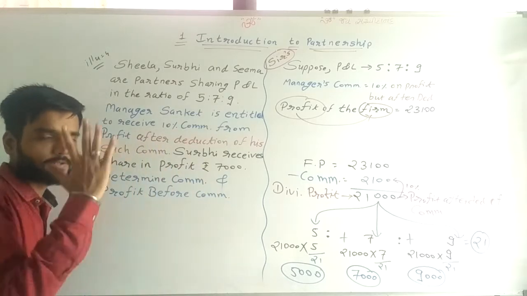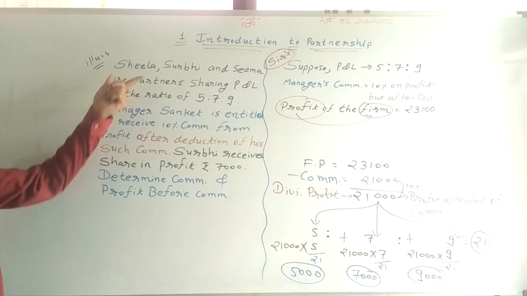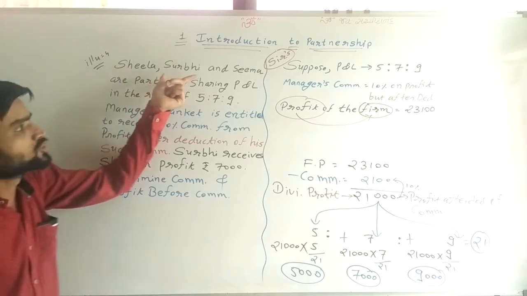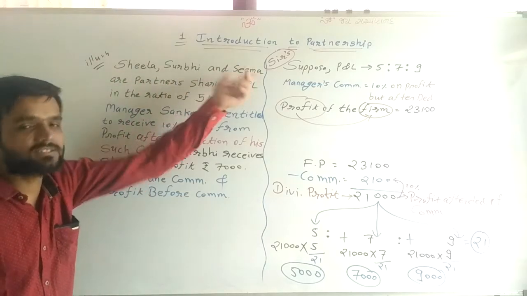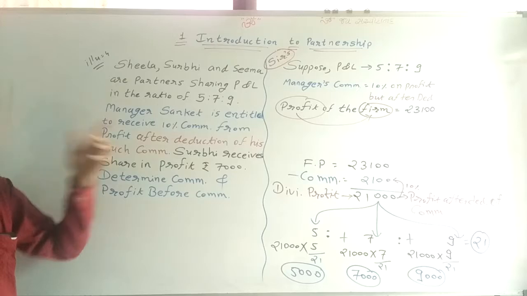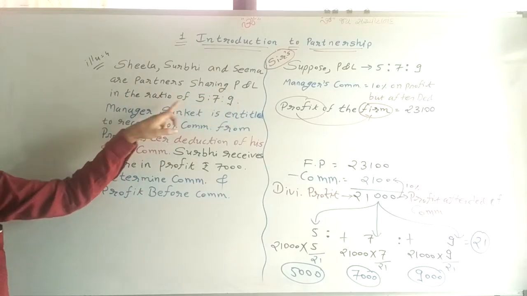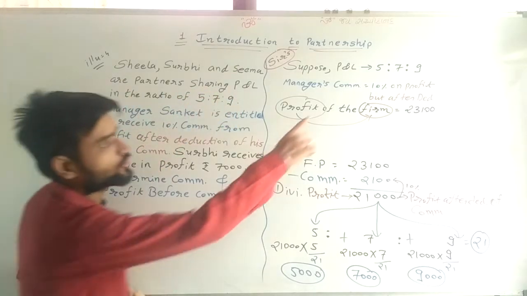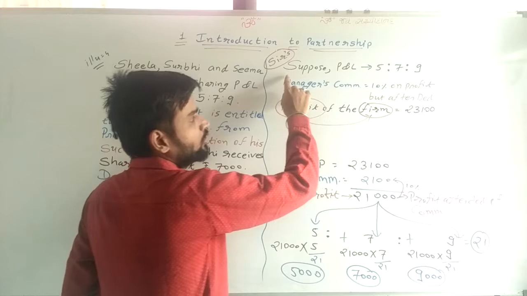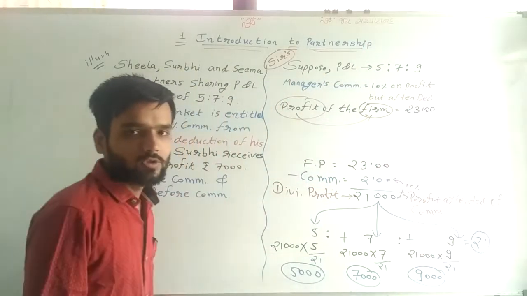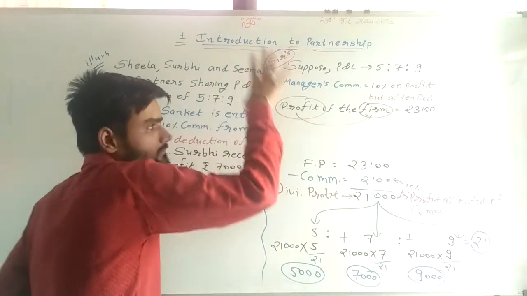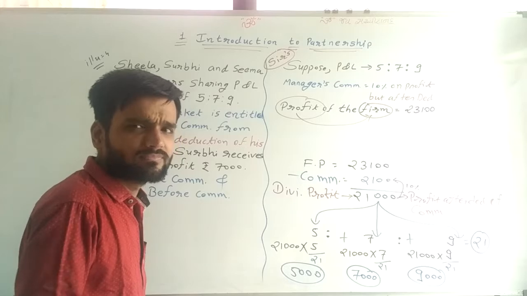Now see here. Sheila, Surbhi and Seema are partners sharing profit and loss in the ratio of 5:7:9. Sir, same ratio, 5:7:9. So the P&L ratio is 5:7:9. On this sum basis only, I have prepared this sum.